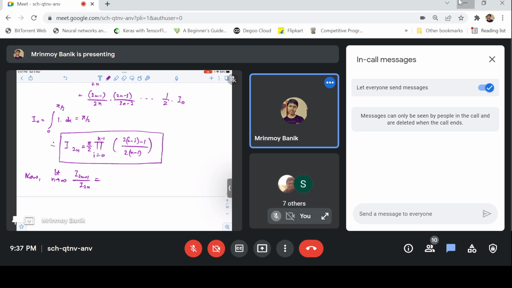Because actually our claim was the limit as n tends to infinity of I_n plus, okay, you can say it, equals 1, which we just, a minute.